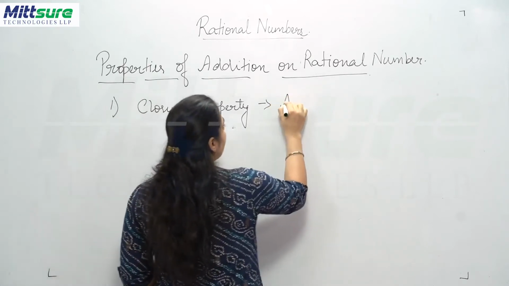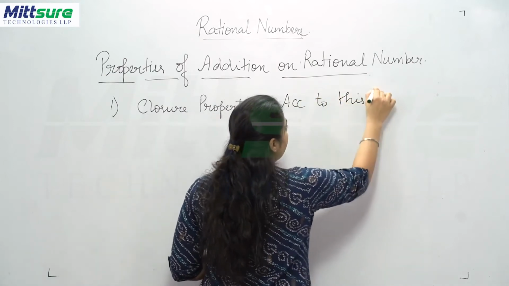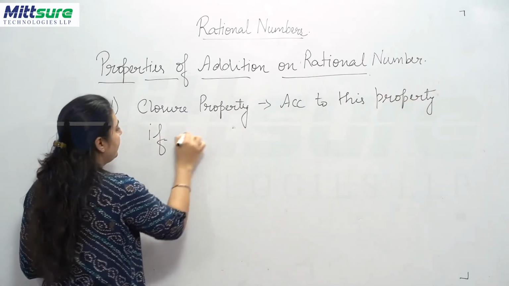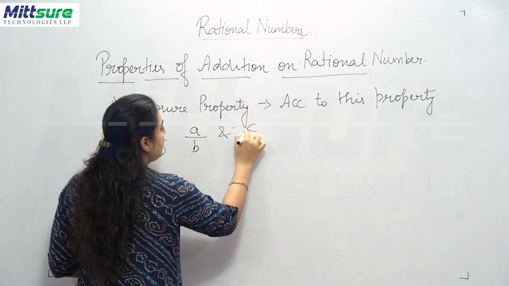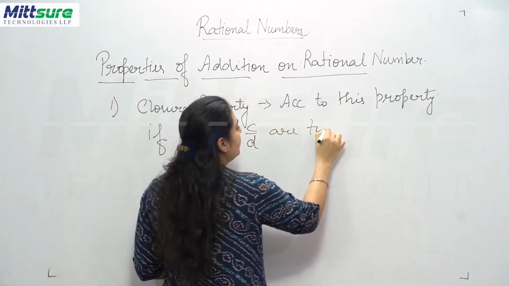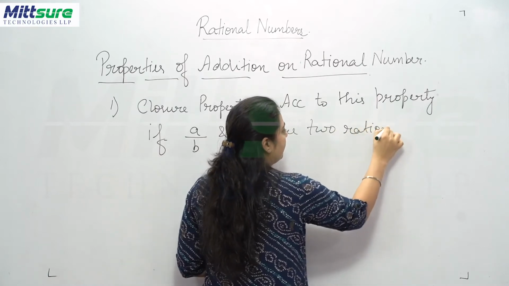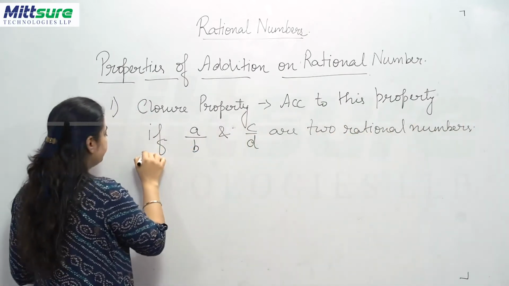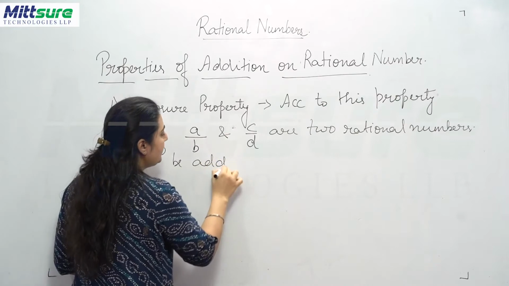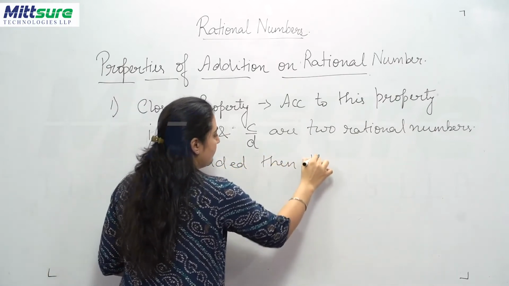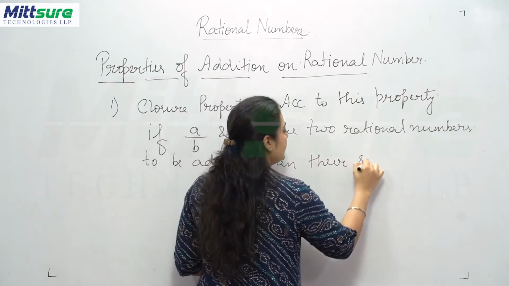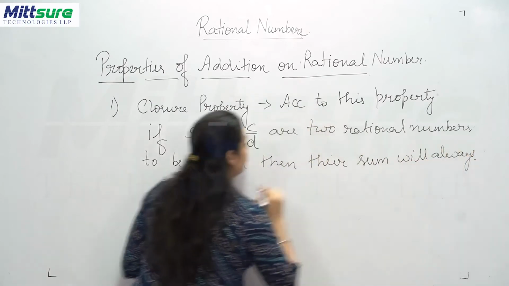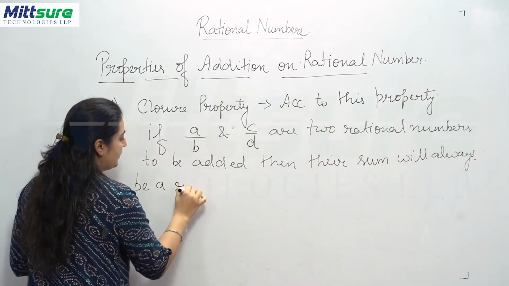So, according to this property, if A upon B and C upon D are two rational numbers to be added, then their sum will always be a rational number.